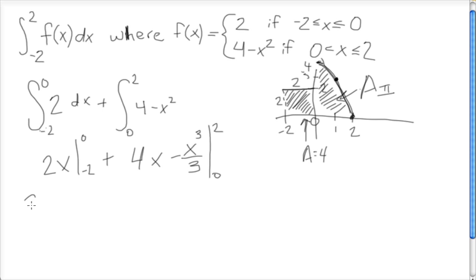So what do we get? We have 2 times 0 minus 2 times -2. So that's our first part.